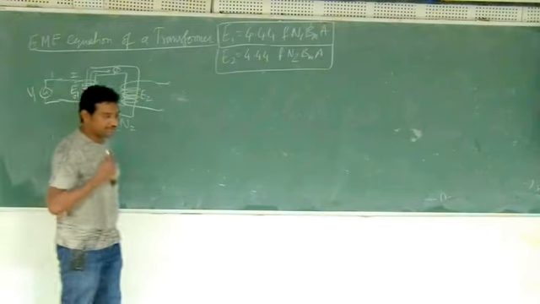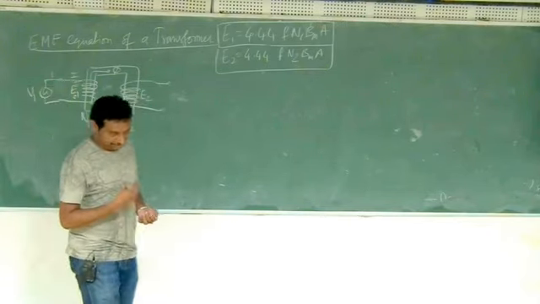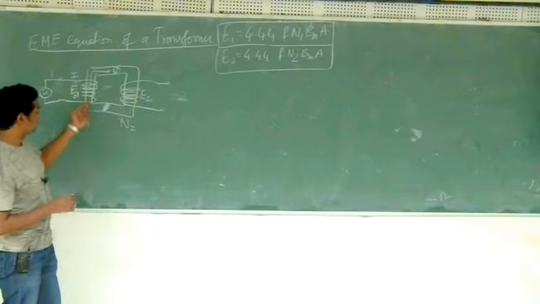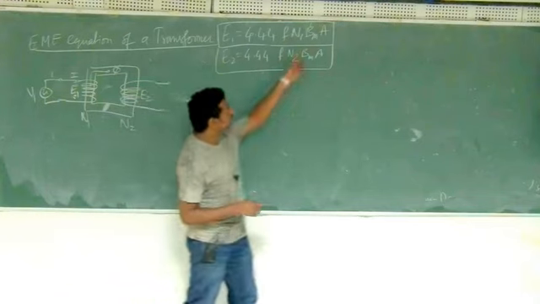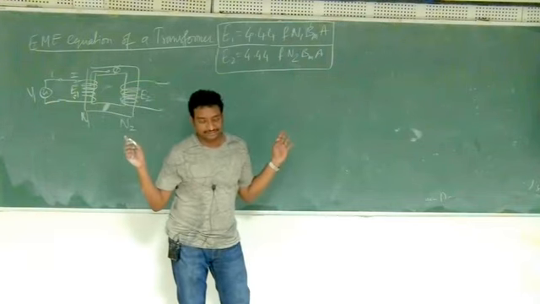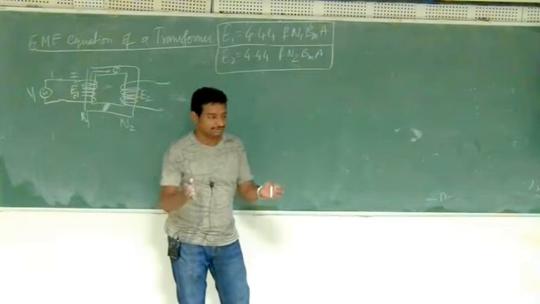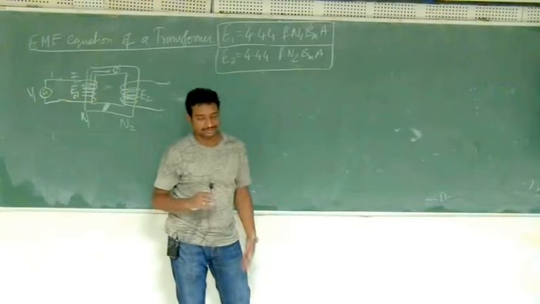So if I am a designer of a transformer, my interest will be to increase the number of turns and increase the flux density. But this flux density cannot be increased indefinitely. It is like you have a road, how many vehicles can go through that road?